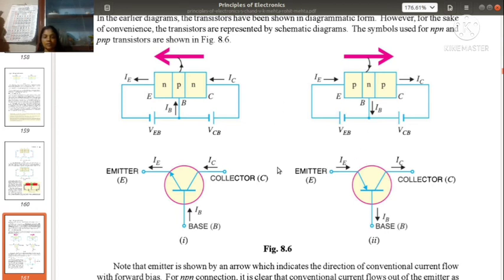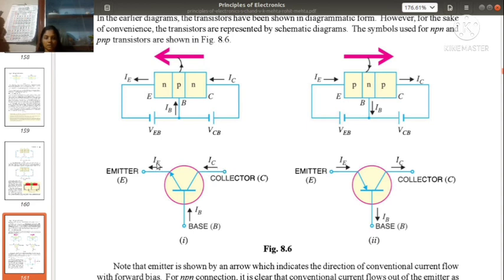This is how we symbolize or represent a transistor in a circuit. The direction of this arrow is very important in order to recognize the current flow and hence the transistor type, whether it is NPN or PNP. The emitter current and collector current directions are also shown here.